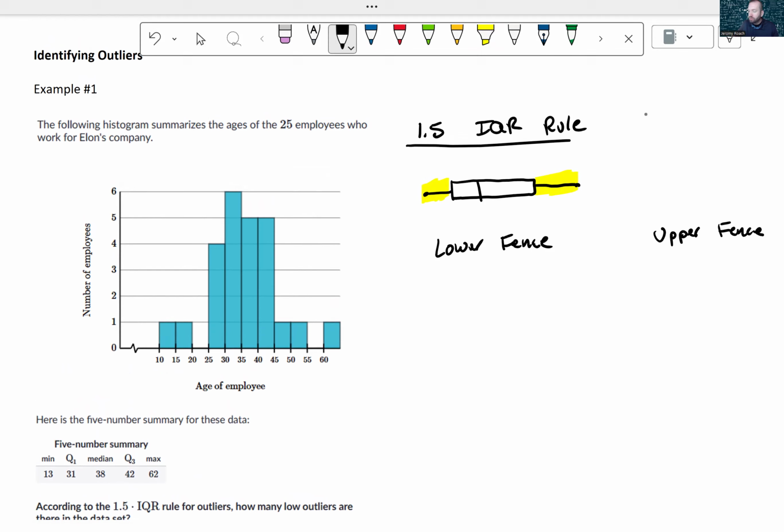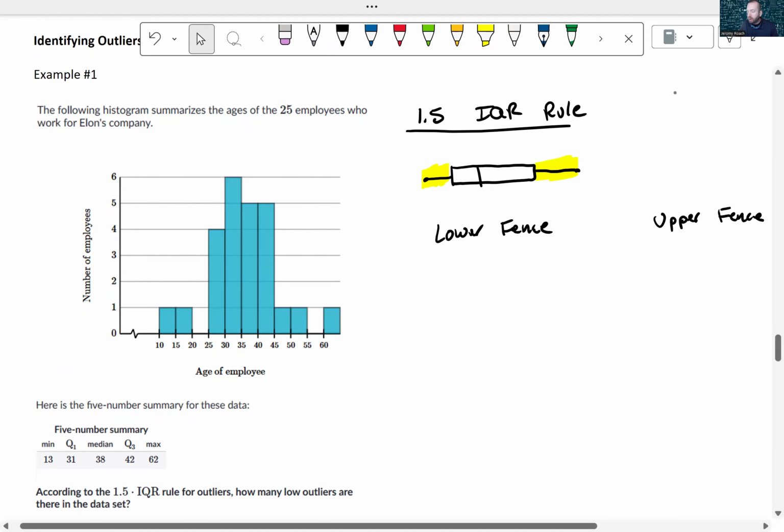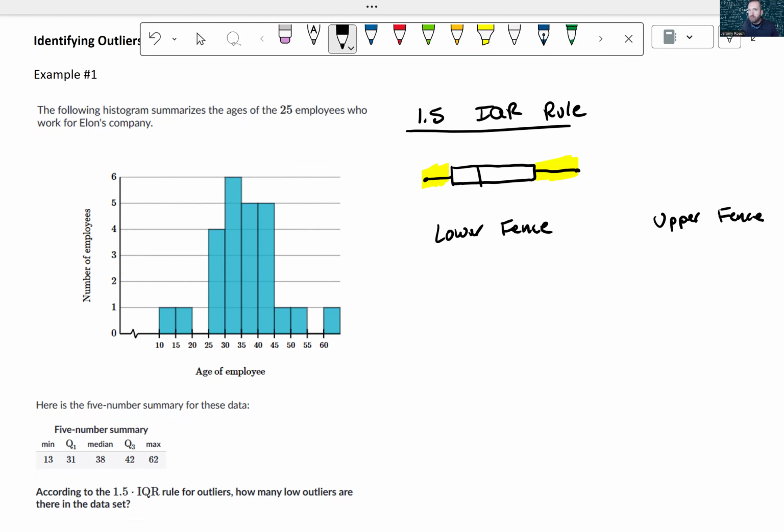And the lower fence is to find low outliers and the upper fence is to find high outliers. And there's two different equations for them. So for the lower fence, the equation is whatever Q1 is, and then we subtract 1.5 times the IQR. That's how we calculate the lower fence.